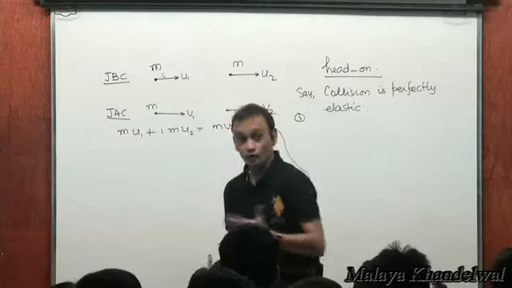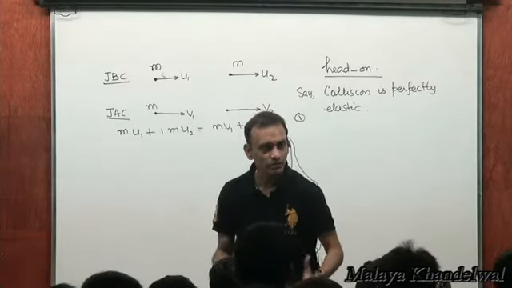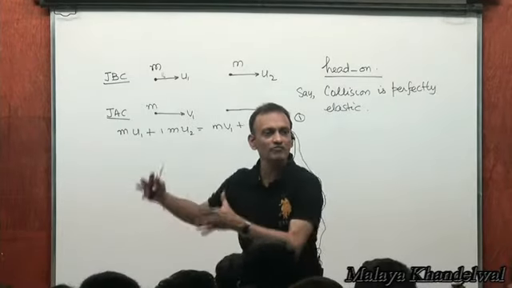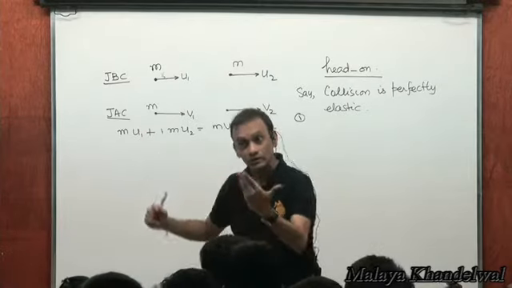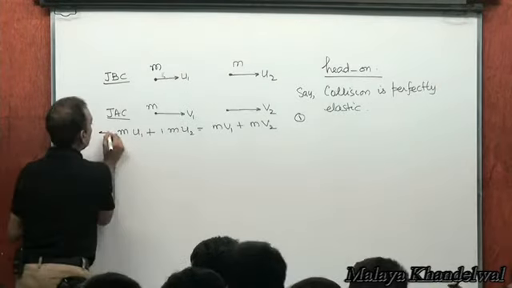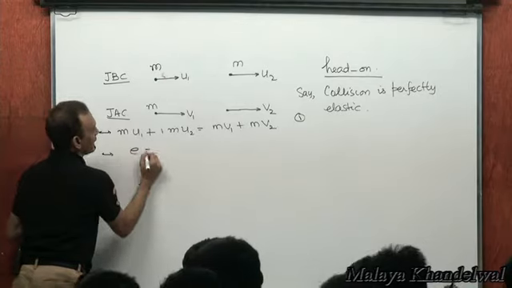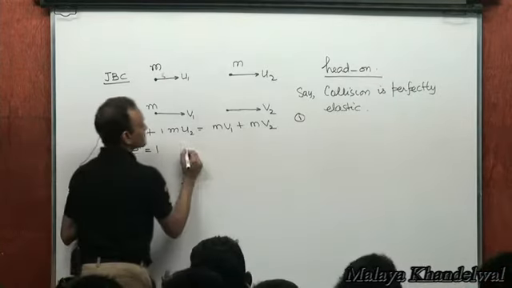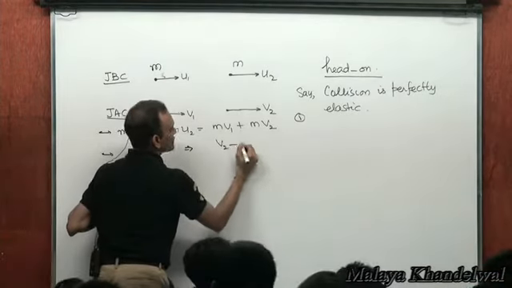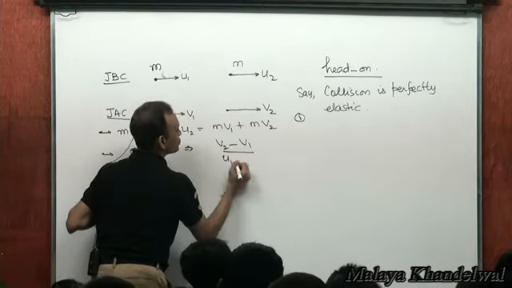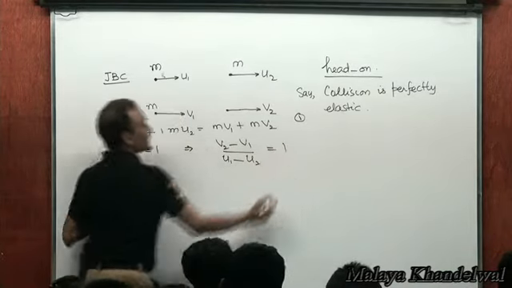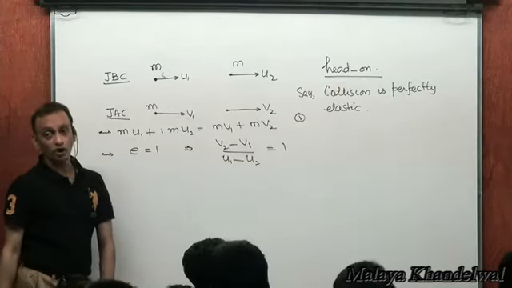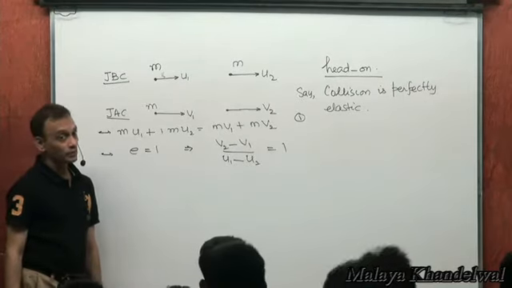So would you not prefer to use E equal to 1 compared to saying half m u1 squared plus half m u2 squared, etc.? You would rather say E is 1 for a perfectly elastic collision. That means (v2 minus v1) by (u1 minus u2) must be 1. Relative velocity of separation by relative velocity of approach must be 1.